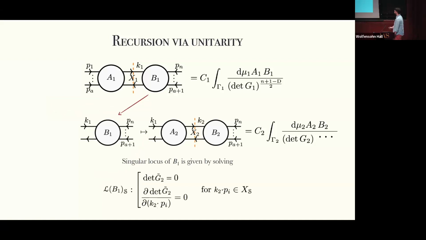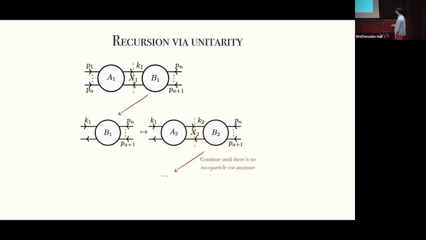The point is that the singular locus of B1 is given by solving the same set of equations, but where now G1 is replaced by G2. And you can continue this recursion until there's no two-particle cut anymore.